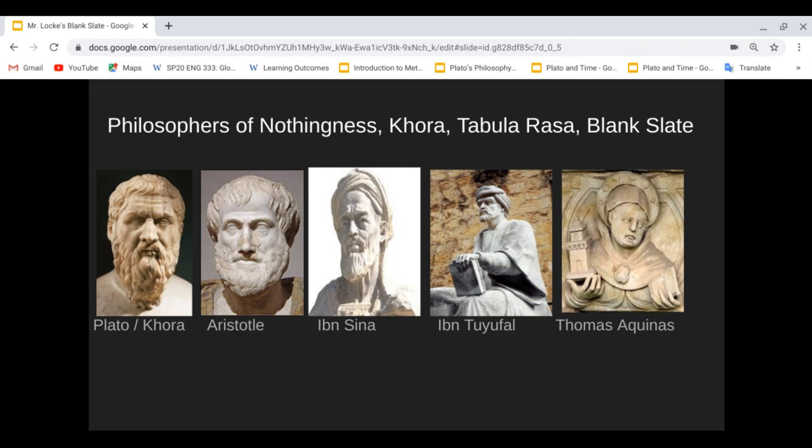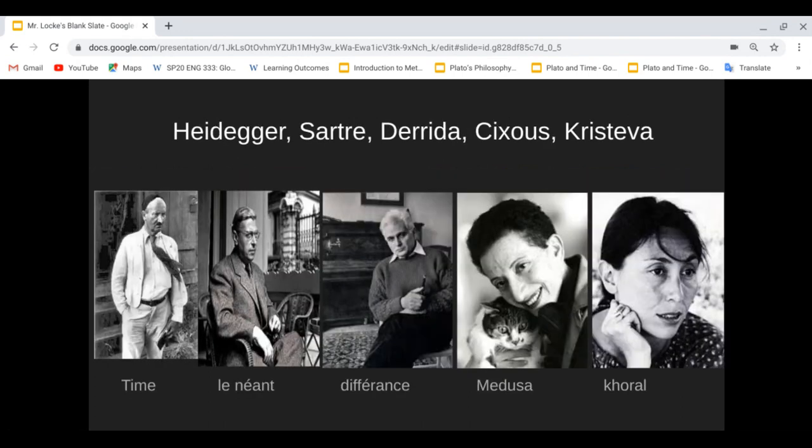But in Tufail's version, it's a more meditative, philosophical tale, and it's obviously in the Islamic context. And Thomas Aquinas has this thinking as well in his philosophy. And when we look at more contemporary philosophers like Heidegger, Jean-Paul Sartre, Jacques Derrida, Helene Cixous, Julia Kristeva, all of them have a thinking that is akin to the thinking of John Locke when he calls it the blank slate.